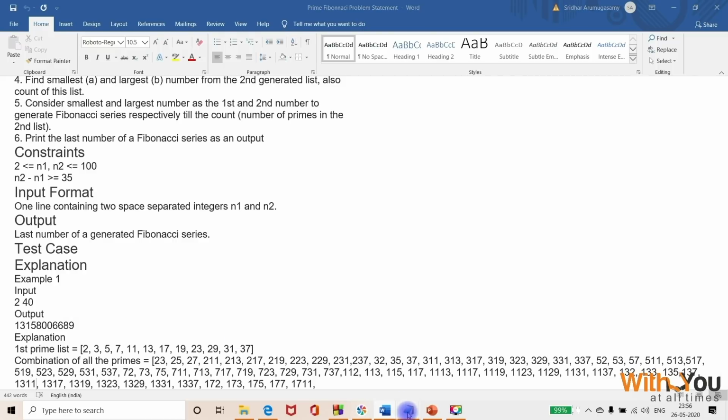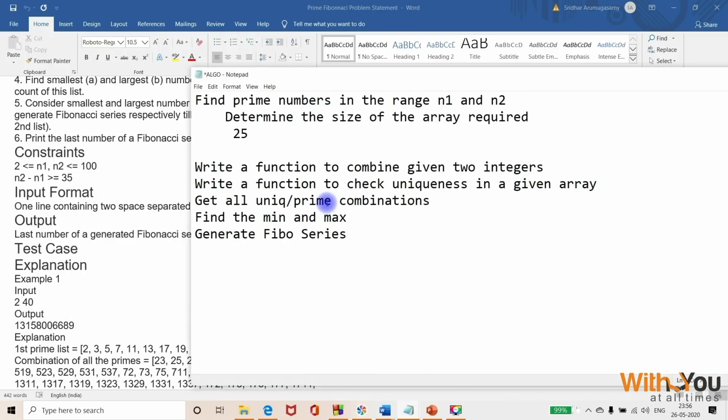Of this 38, definitely you would find half of them would be even numbers. Out of 38, you divide it by 2, you get 19. So worst case, 19. Cool, perfectly got it.